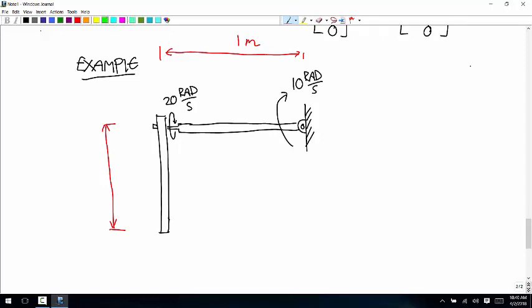Okay, so let's first do it with a coordinate system here. This is the horse. This is the cowboy. And so that coordinate system is going to rotate with the horse.